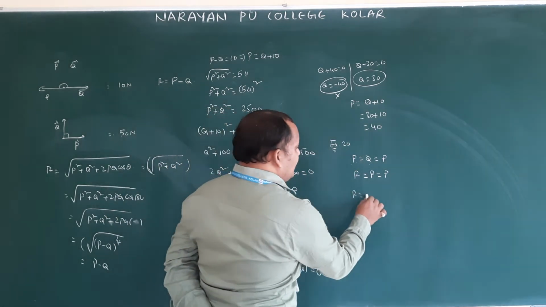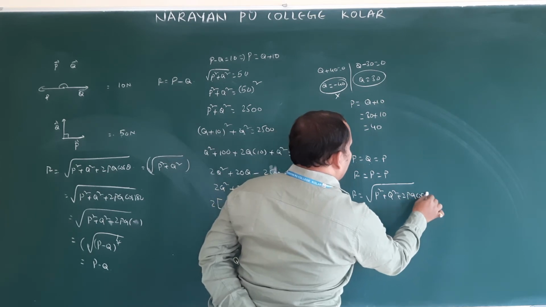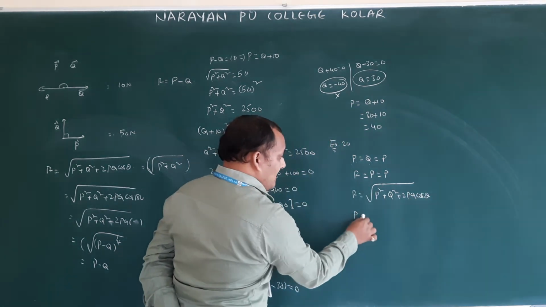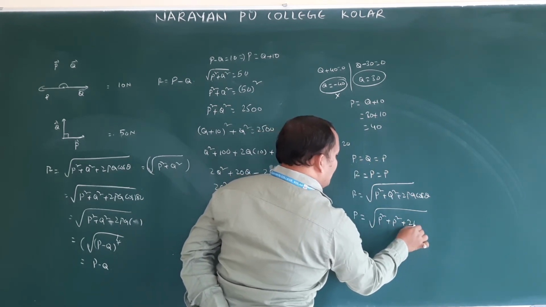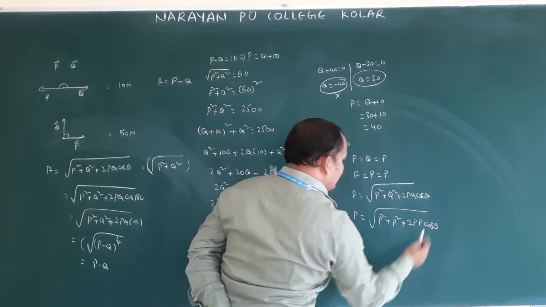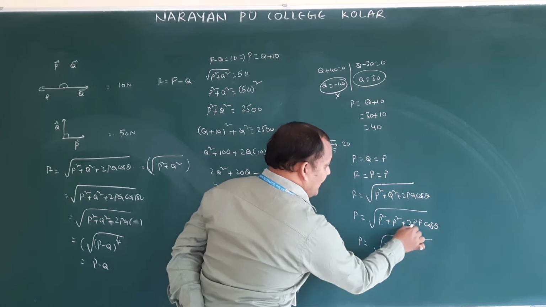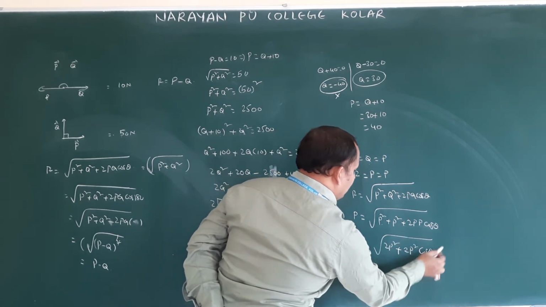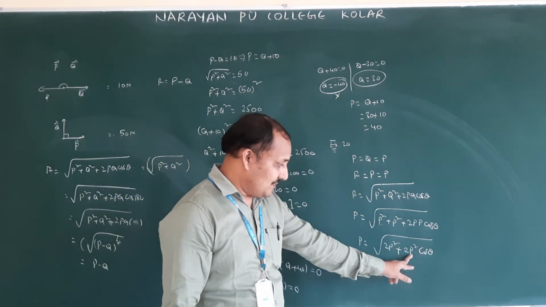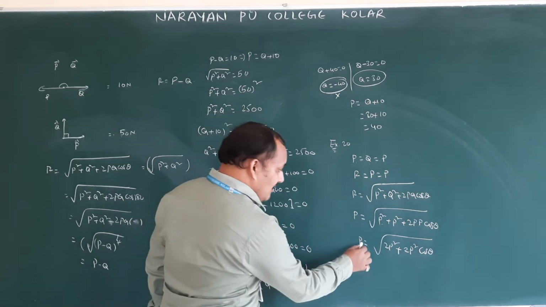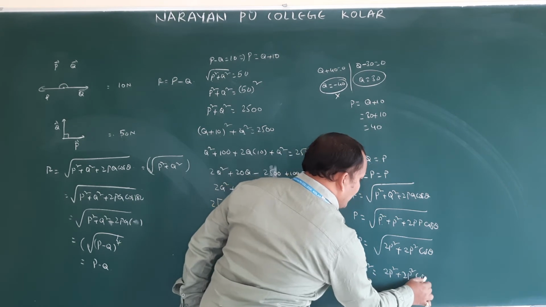What is the formula? R is equal to root of P square plus Q square plus 2PQ cos theta. Now R value is equal to P, P value P only, Q value also P only. Therefore 2P into cos theta. So P is equal to root of 2P square plus 2P square cos theta. Squaring on both sides, P square is equal to 2P square plus 2P square cos theta.